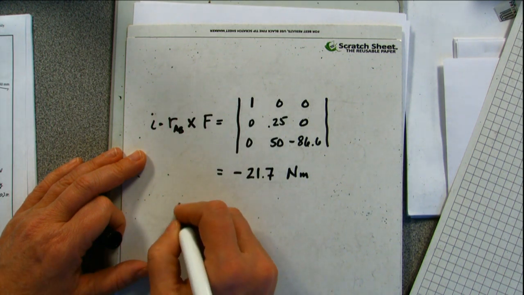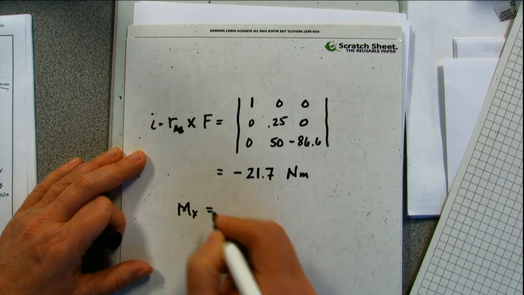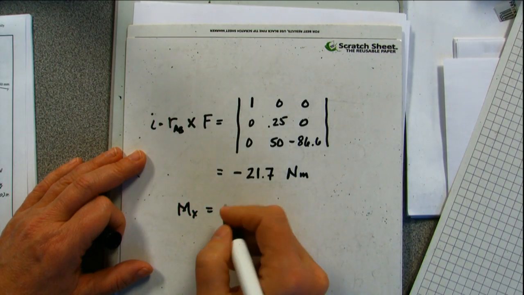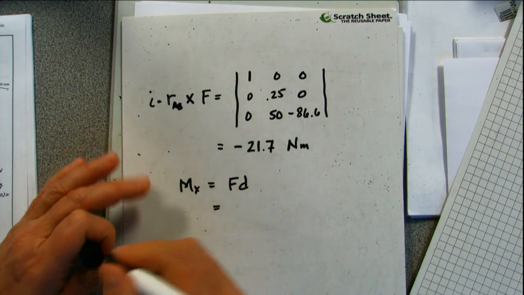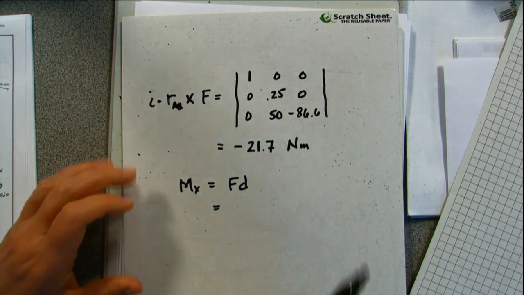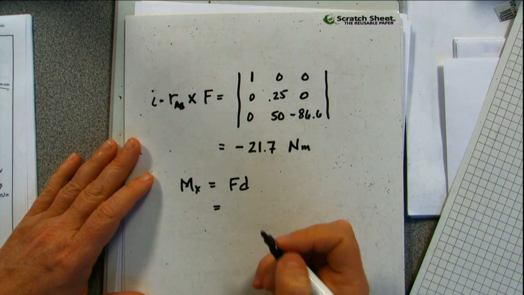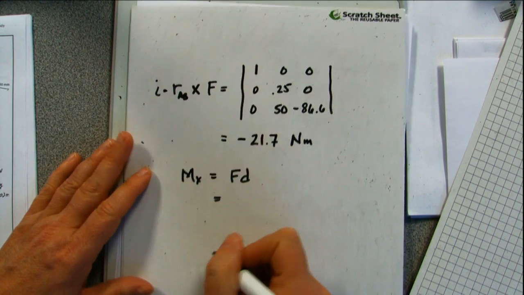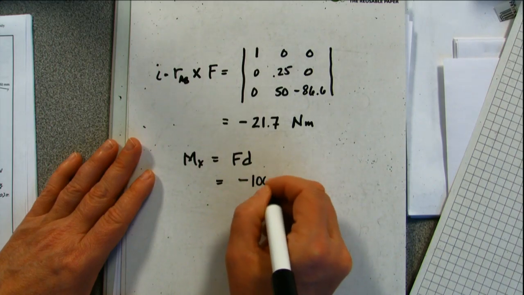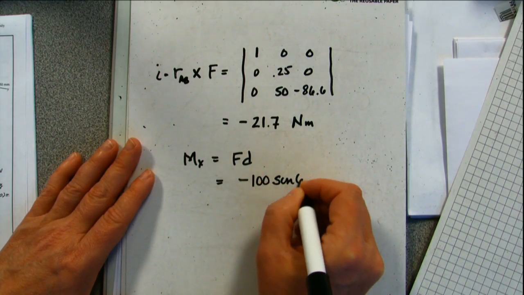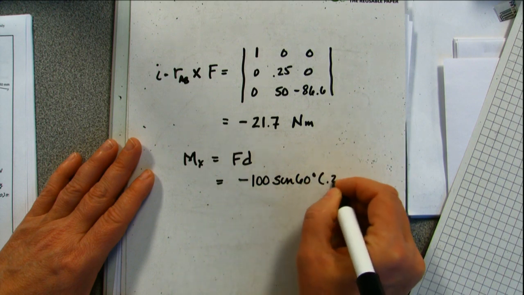I could also do it with Mx, where we did our force times our distance. And if we're doing it about the x-axis, see if I can draw the picture, so this is going to be minus 100 sine of 60 times my 0.25.